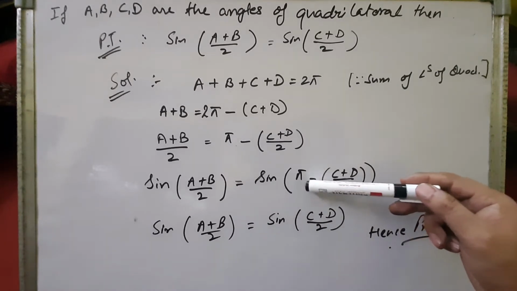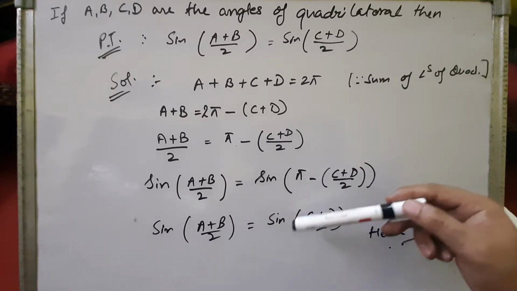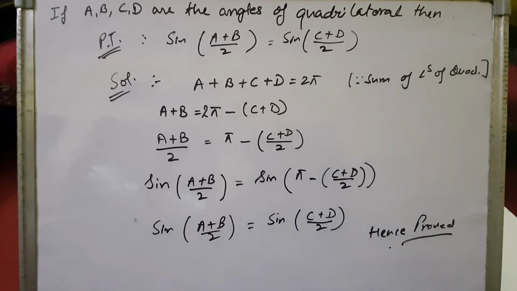In case of 180, sine will remain the same, and 180 minus theta will lie in the second quadrant. In the second quadrant, sine is positive. So what will it become? Sine (C plus D) by 2. So we have proved that sine (A plus B) by 2 equals sine (C plus D) by 2. Right, children? Note down, please.